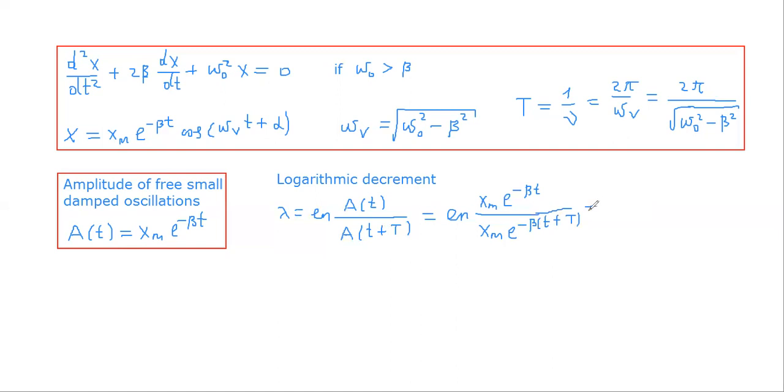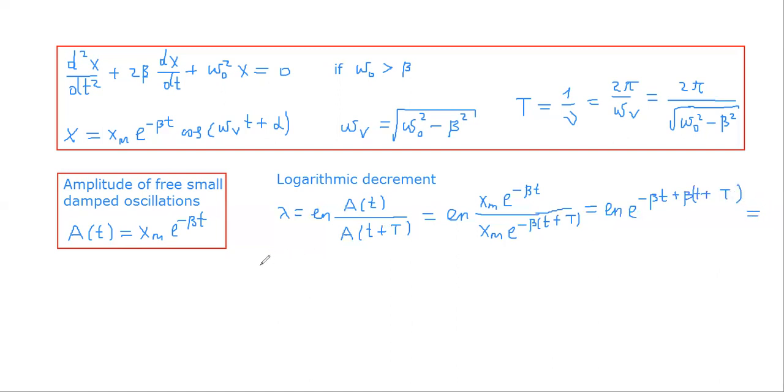And this is equal to the logarithm of e to the power of minus beta t plus beta t plus period.